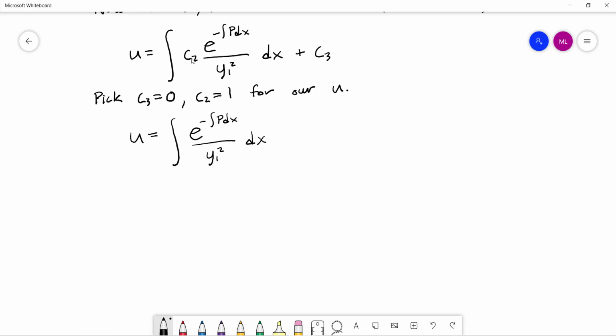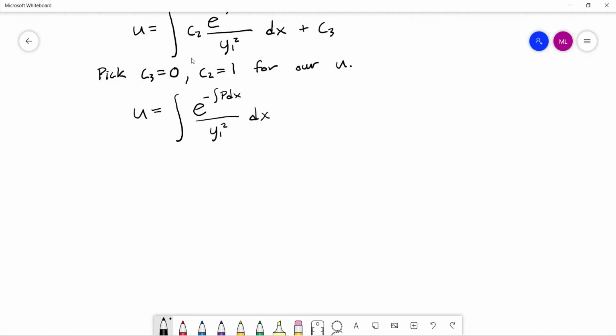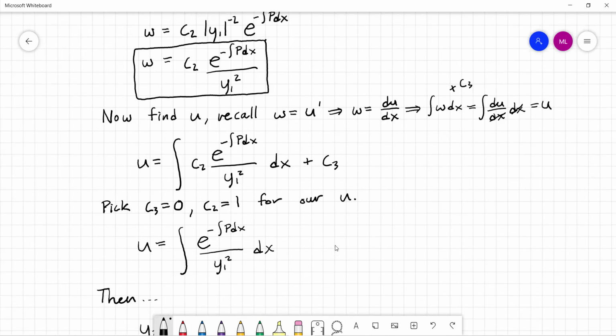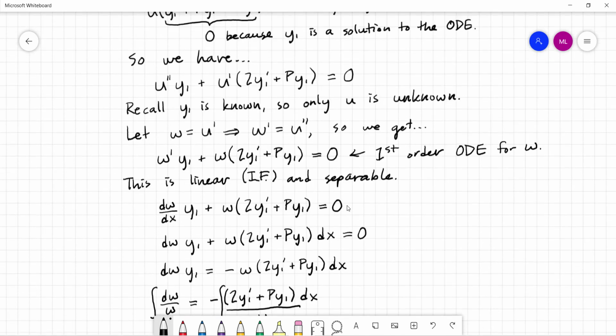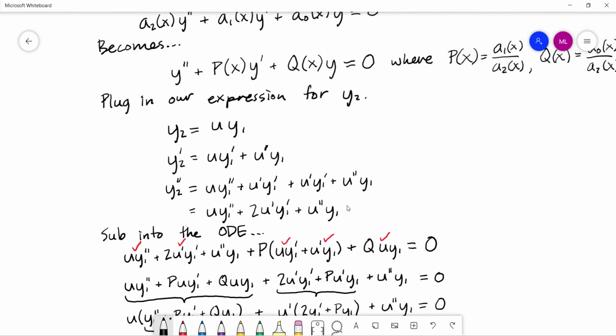So what is y2 then? y2 of x, the thing that we actually wanted, is just going to be this u times the original y1. Again, let's just remind you one more time where I'm getting this from. Right here, y2 is supposed to be equal to u times y1.